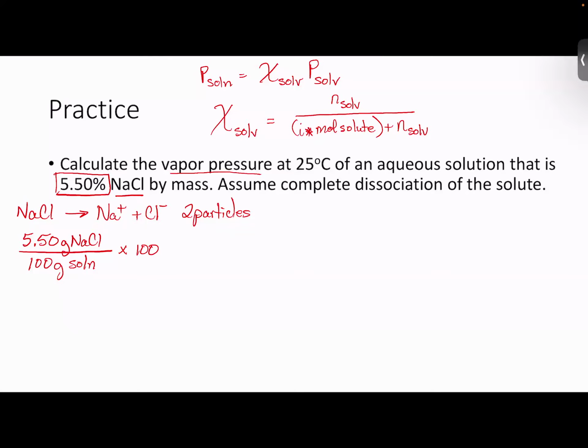And if you'll notice, that 100 cancels out and you're left with 5.5. This method of viewing percentage is extremely useful in these types of problems.